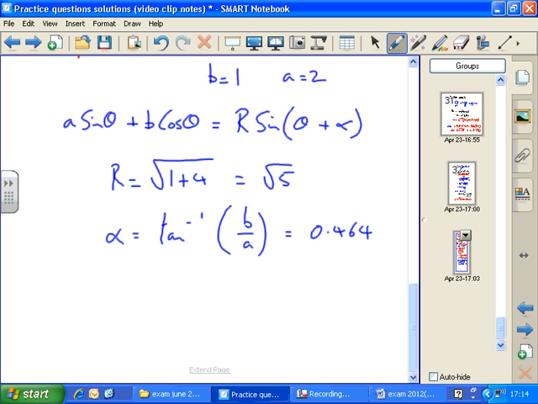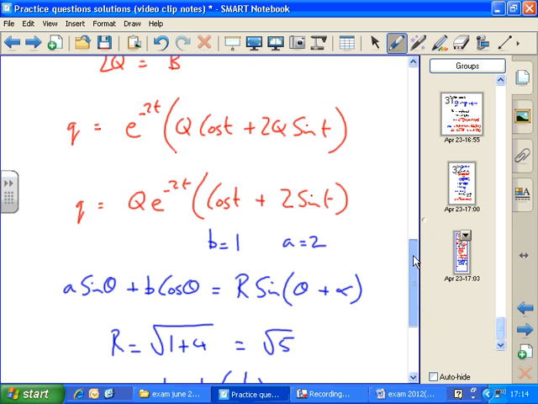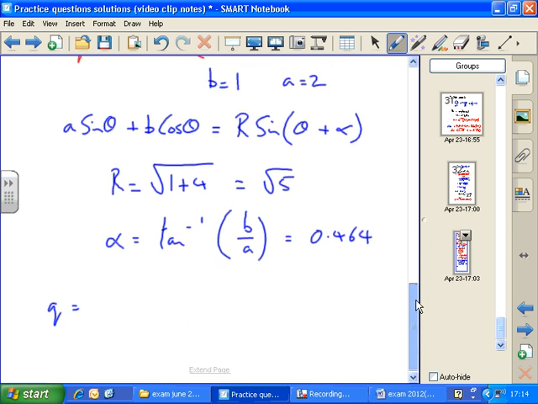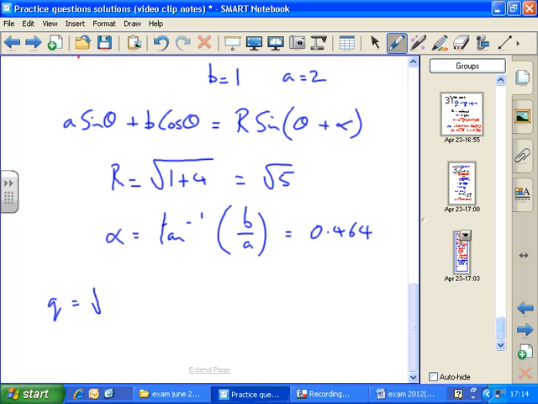So finally we can write the general solution. q equals q times root 5, or root 5 q, e to the minus 2t sine theta plus 0.464. And that would be the general solution, and it's the answer in the text, or on the paper rather.